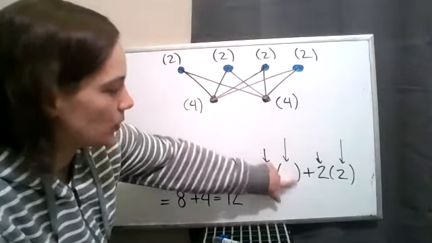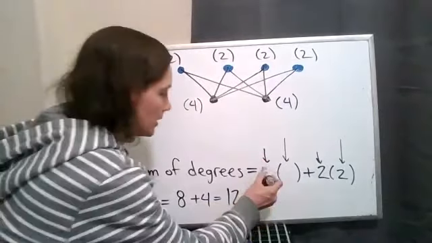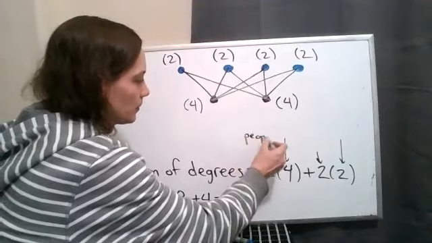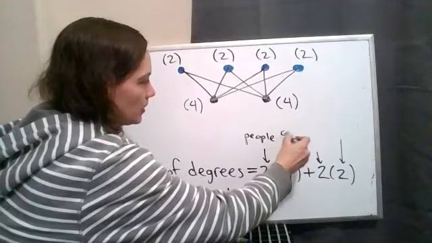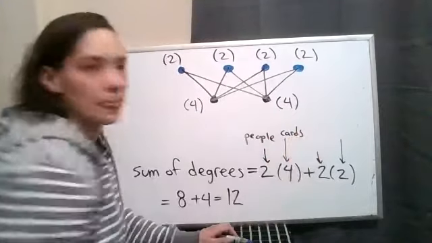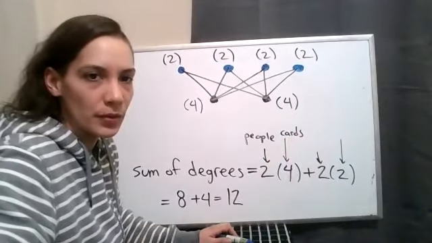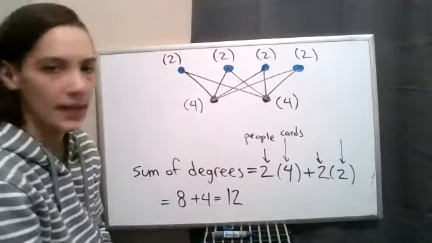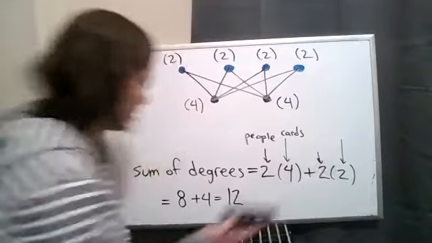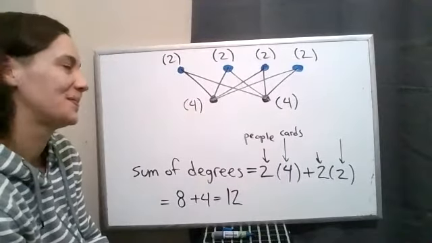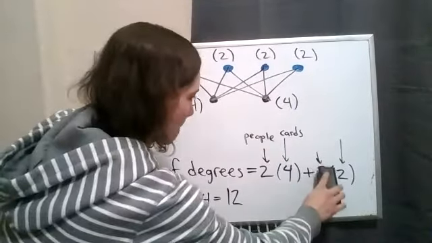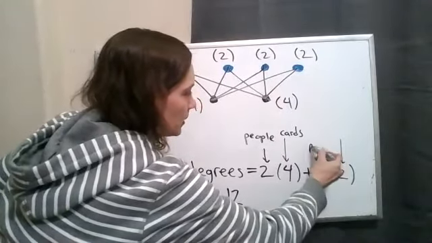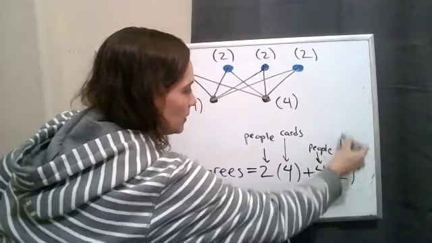We wanted 2 on the outside and 4 on the inside. 2 people each got 4 cards. And then 4 people who get 2 cards. Oh, okay, I had the wrong numbers. 4 people get 2 cards.